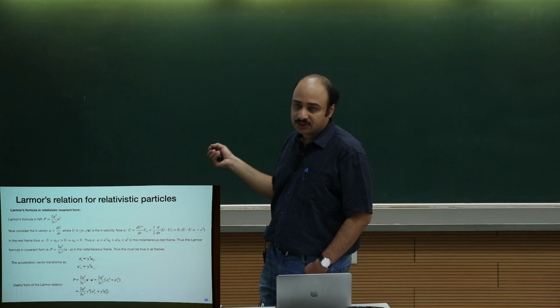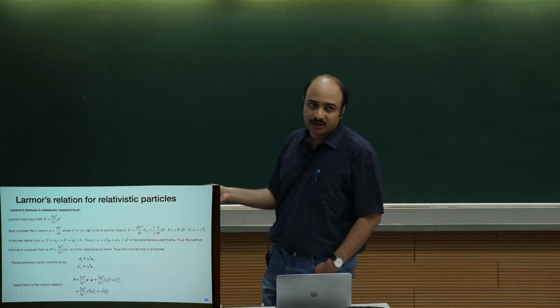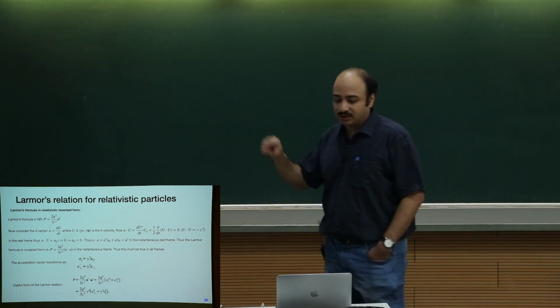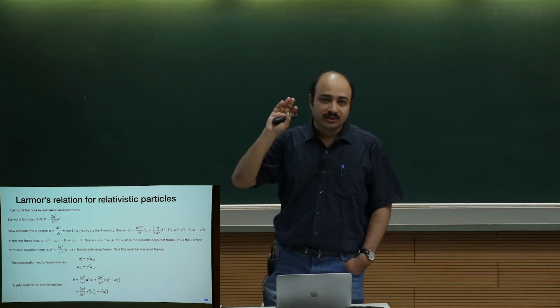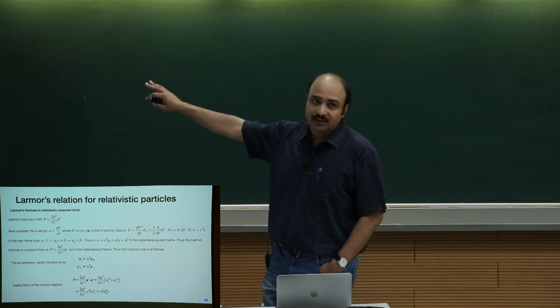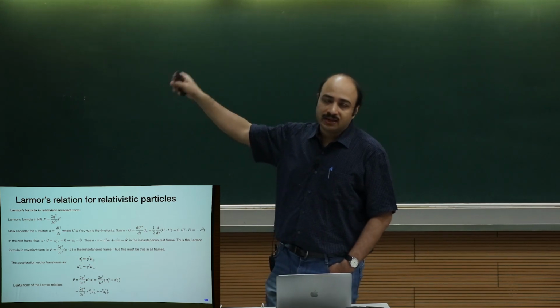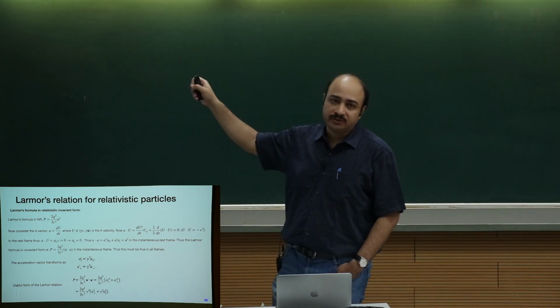Because as soon as I go to something called synchrotron radiation, I will need this formula. Again, no need right now in this lecture hall to understand the specifics of the derivation. What you should take away from this slide is I have something called Larmor's formula that relates the total power emitted to the acceleration in the non-relativistic frame.